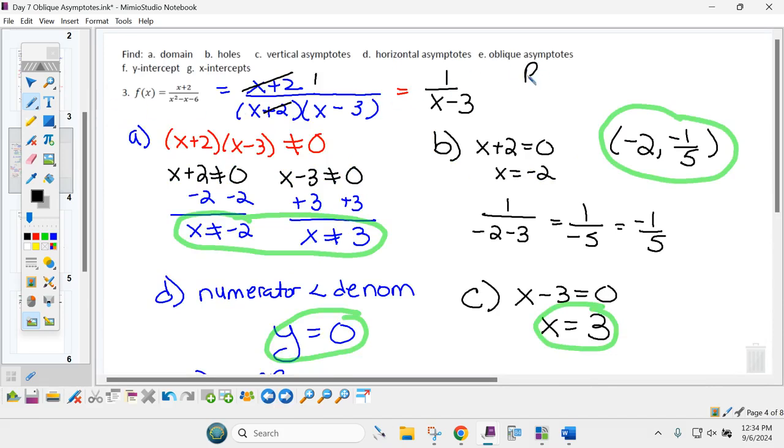Let's do range. H. All right, so the range is y cannot equal the y coordinate of the hole, -1/5, and y cannot equal the horizontal asymptote, so y cannot equal 0.